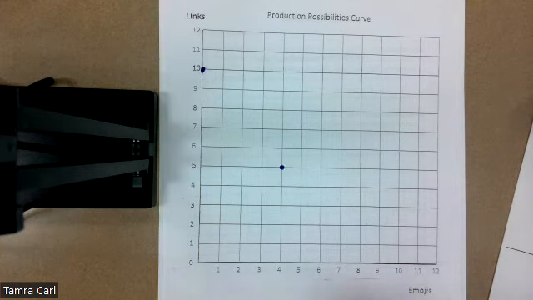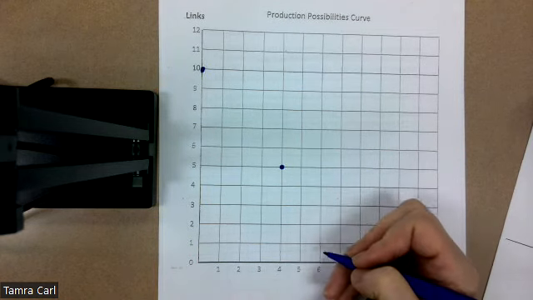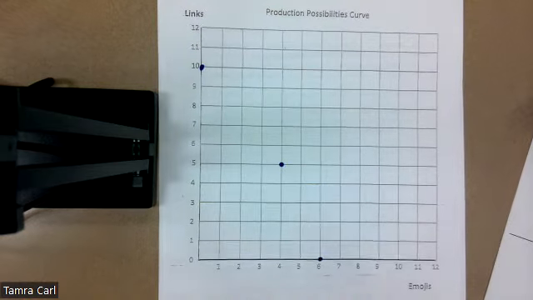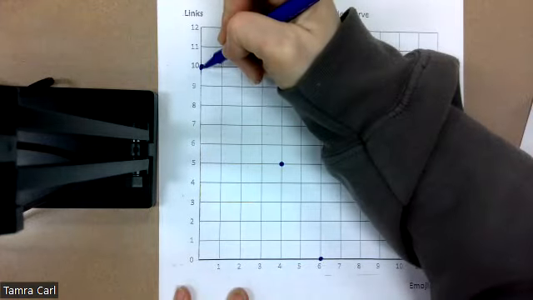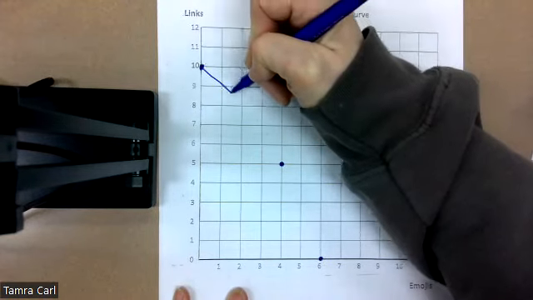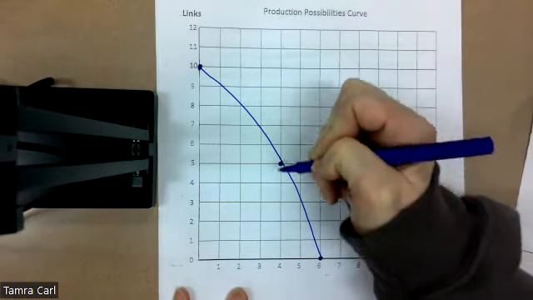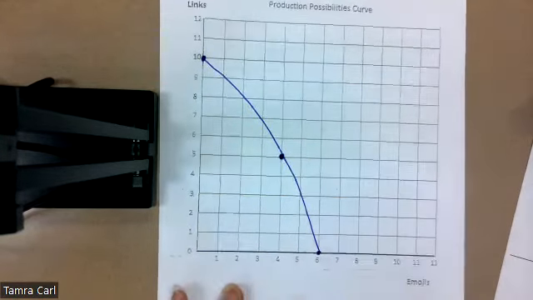And this is where quality control really does come into play. But let's say that they had 6 emojis and no links. So now they've got 3 different points here, and I'll ask them to connect them to draw their PPC. And so that's where you're taking it and going through here, and then you can kind of see that this is where they're at.